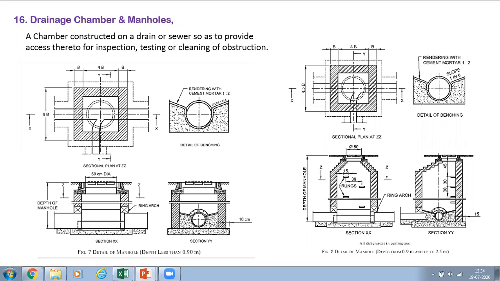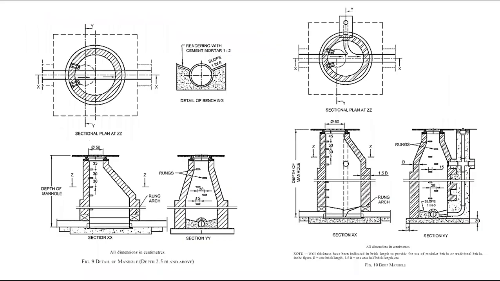If I go to the next slide, the detail of the manhole depth 2.5 meter and above is given like that. This is a round manhole; we are using both shapes. For the round one, self cleaning will be there. All surfaces are smooth or curved. So that's why in our sewage design we recommend circular manholes only.